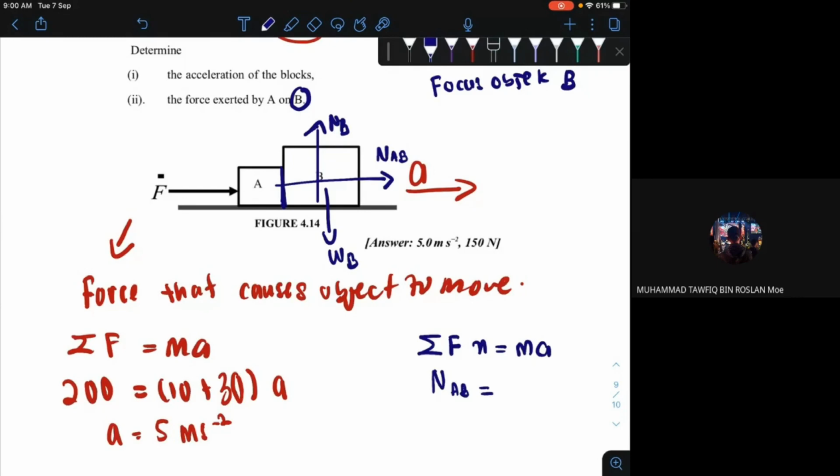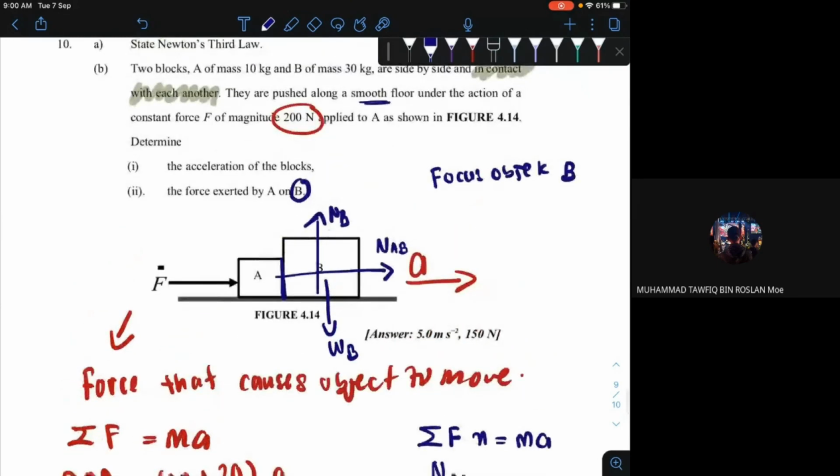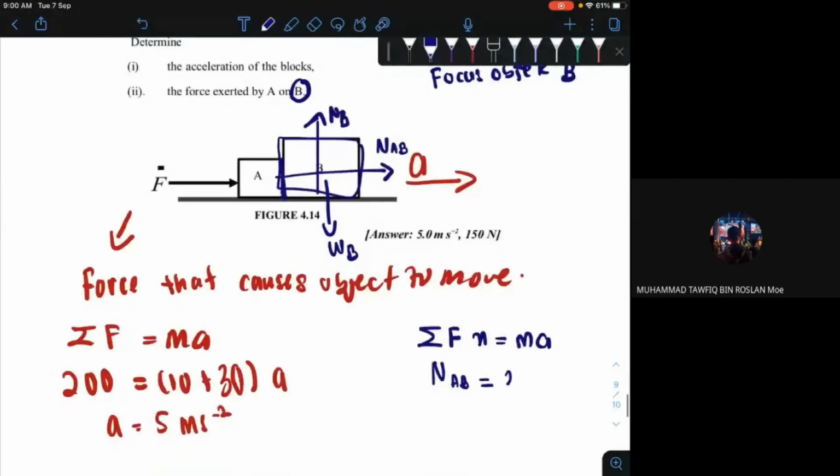And then kita samakan dengan mass dia adalah mass of object B is 30 kg. Acceleration of object A adalah 5. Tekan calculator, dapat 150 Newton. So this is the answer. Because the question asks, what is the force exerted by A on B? Which is the reaction force dekat sini.